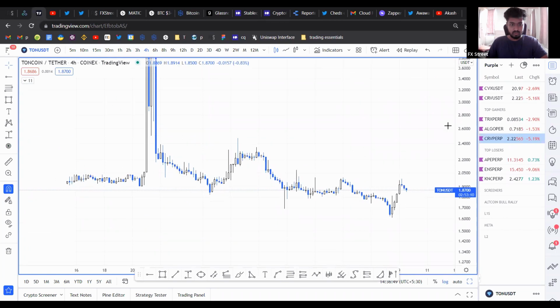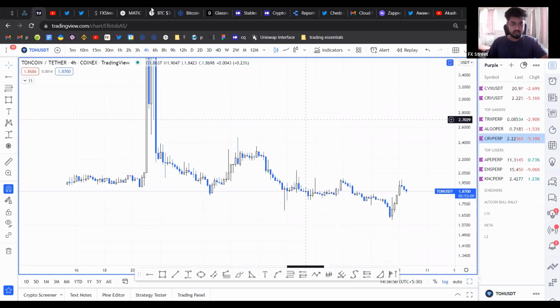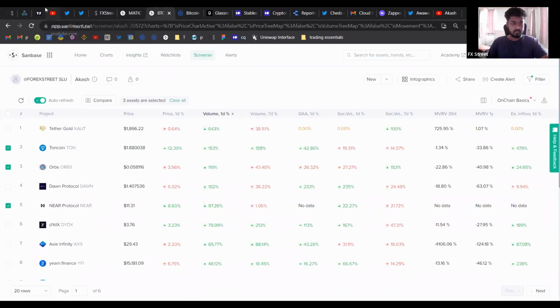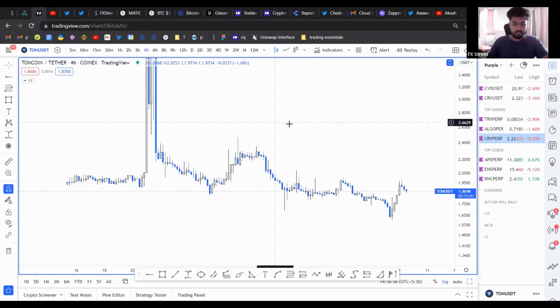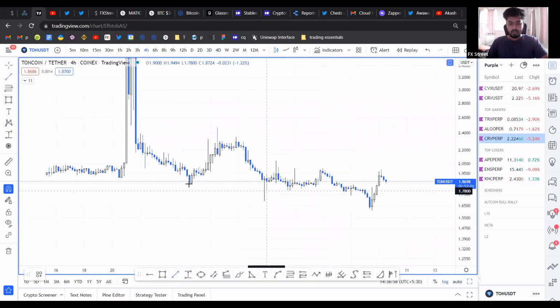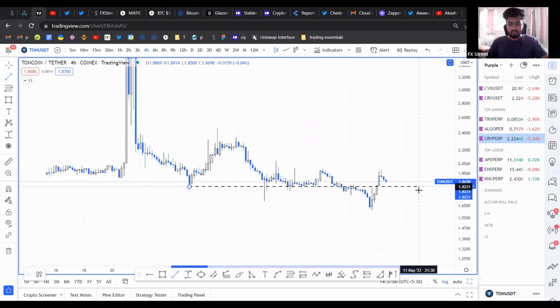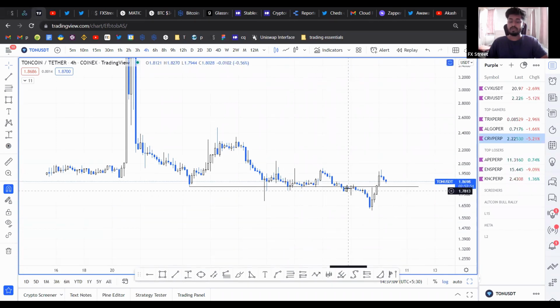Okay, it's a relatively new coin. Let me see if it's the actual one. Yep. Right, so Dawn moved below the support level here at 1.82 and then spent time below there.